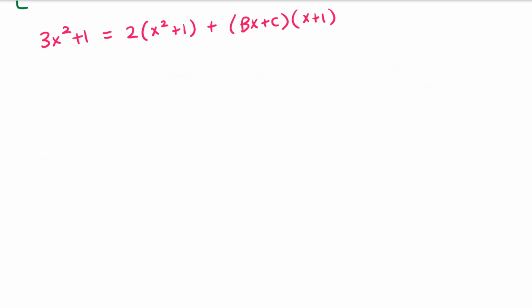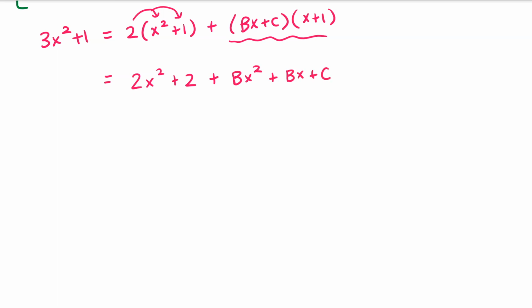So what we want to do now is go ahead and distribute this 2 in. We get 2x squared plus 2, and then here I'm going to multiply that out. So we get Bx squared plus Bx plus Cx plus C. Now we want to combine like terms on the right-hand side of the equation.